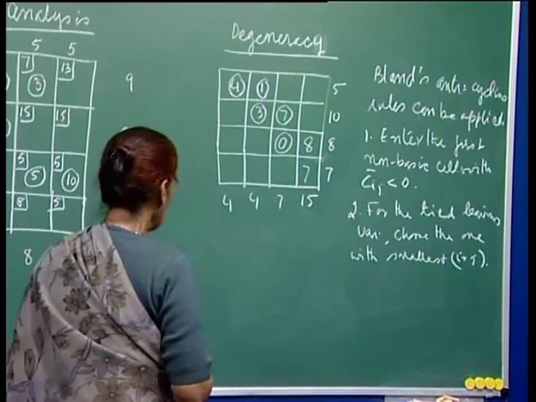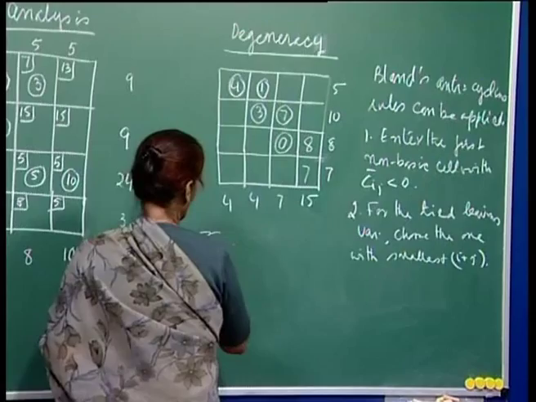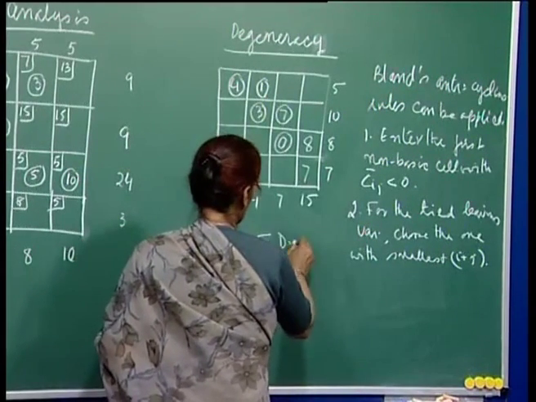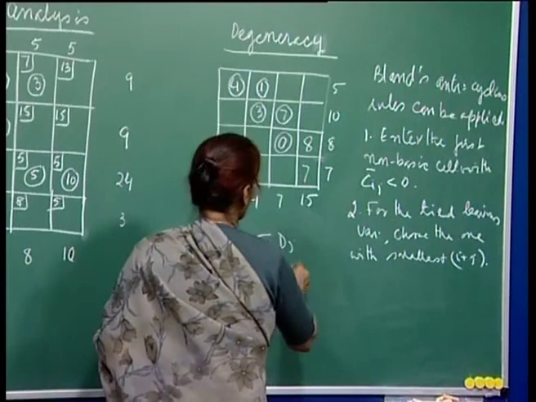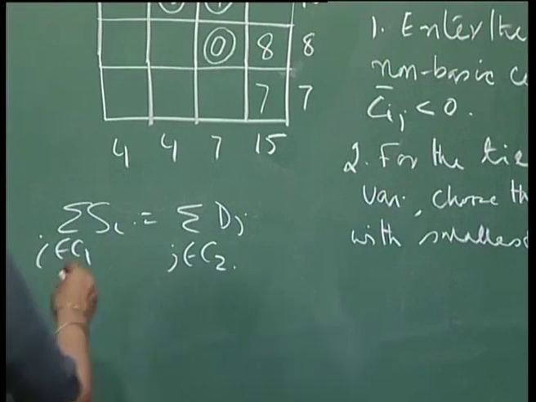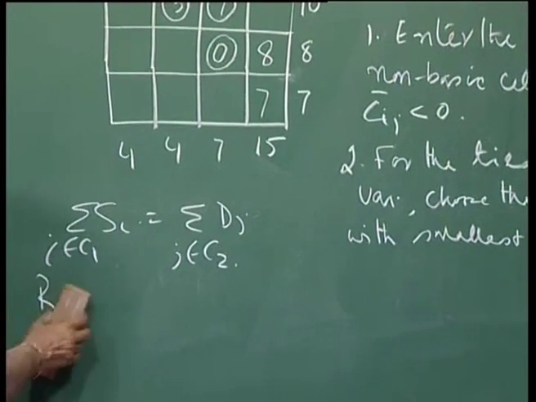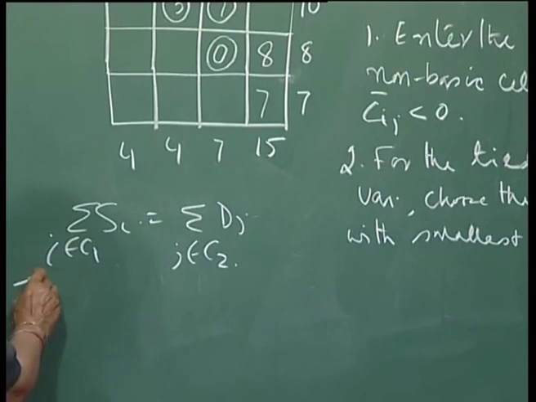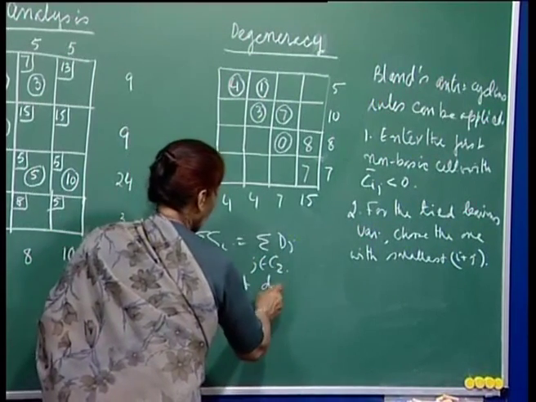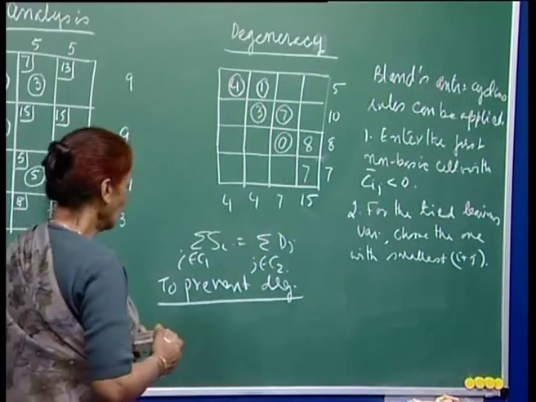So this is it. But before, let me now show you. Since the necessary condition tells you that the sum of Si for I belonging to C1 is the sum of dj for j belonging to C2, what was proposed was that you can replace the Si to prevent degeneracy, and this is where you would ask the question, why is this enough?